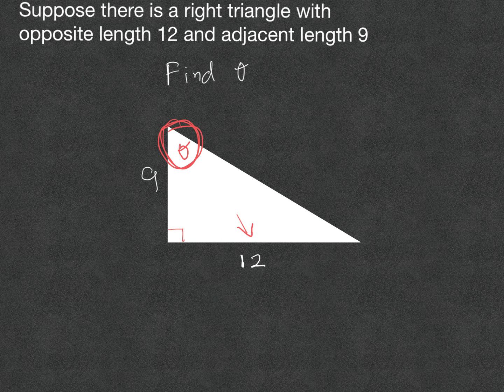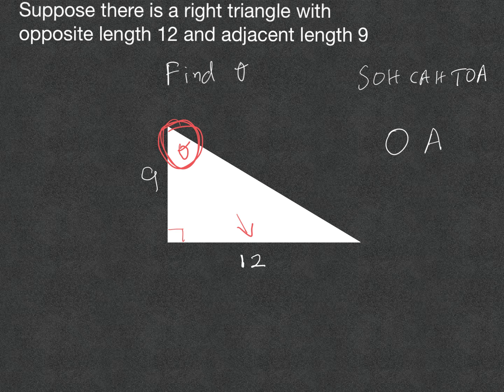Now, think about this. We have O and we have A. Which one out of SOH CAH TOA has O and A? Bingo. TOA. Okay? So now what we want to do is we want to set up a tangent relationship. Tangent of the angle that we do not know is equal to opposite over adjacent.